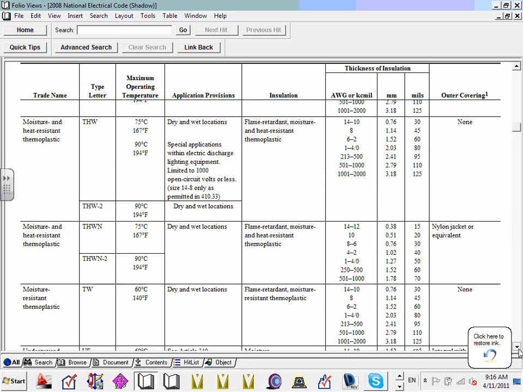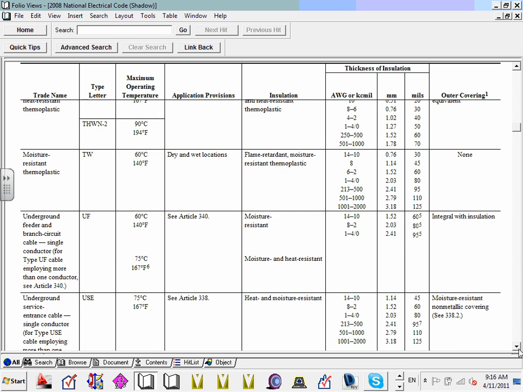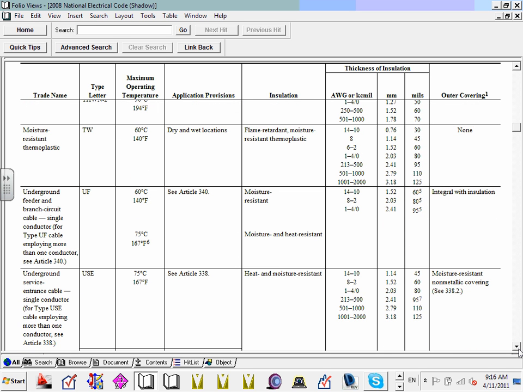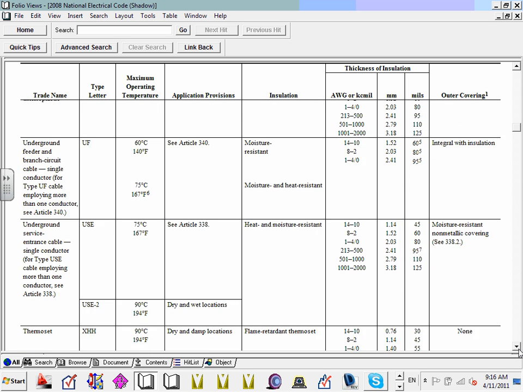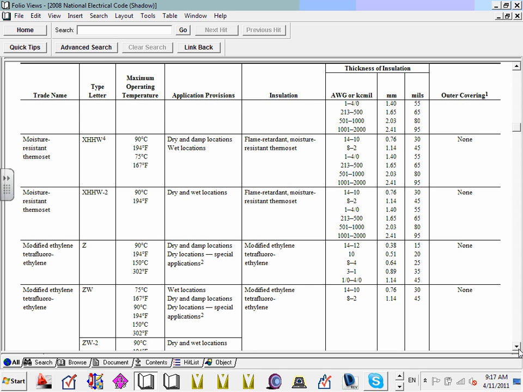Okay. Now, you can use THW and THW-2 in dry and wet location. I'm not going to talk about UF cable. This is for residential. We talked about UF cable and USE cable and USE-2. One installation I'm going to bring to your attention, guys, is the X's. Some people use the X's here.